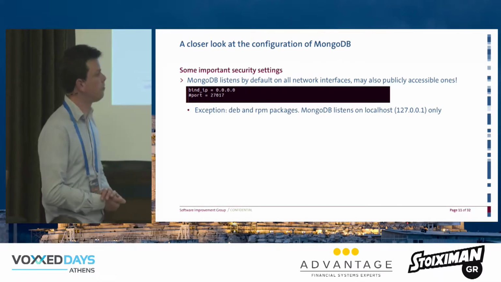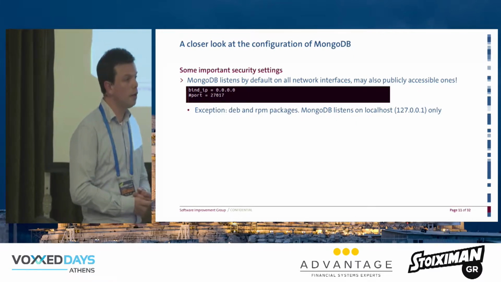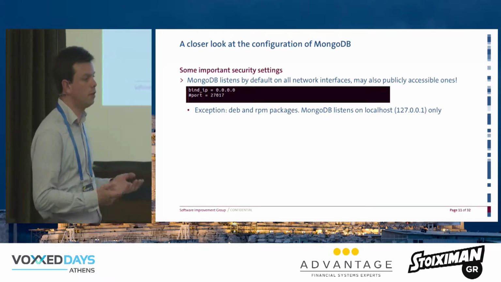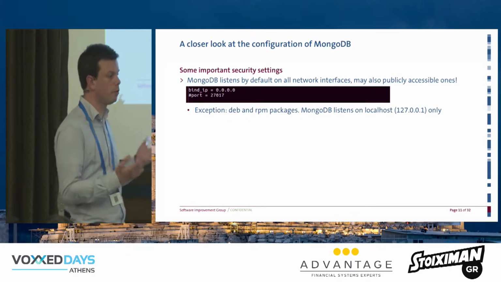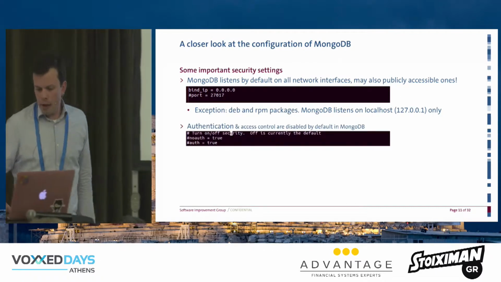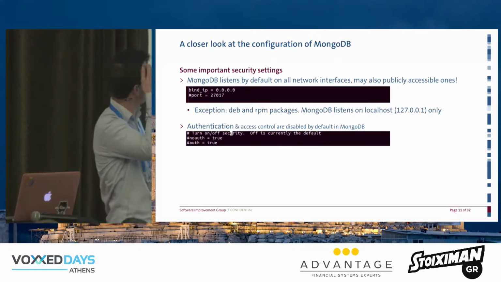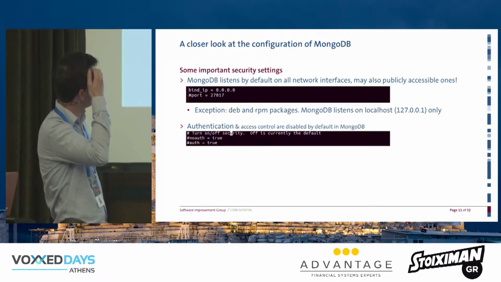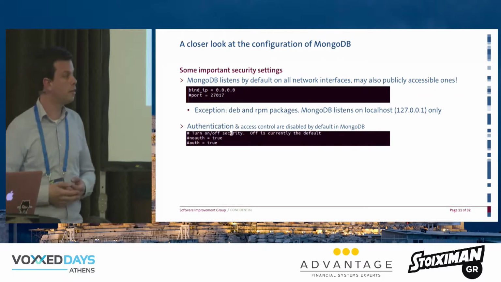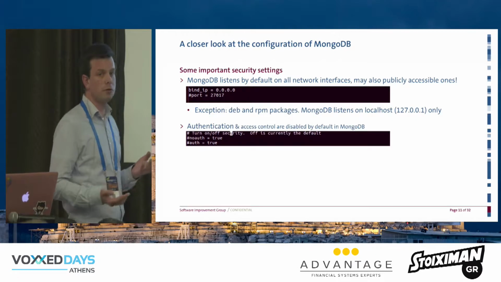There's one exception for certain Linux packages like Debian and RPM packages, where the default configuration is that MongoDB only listens on localhost, so it can only accept connections from the database server itself. Another thing is that authentication and access control are disabled by default. So you don't need to provide a username or password to access the data in your MongoDB instance, which is, on the one hand, very convenient, but also very insecure, right?